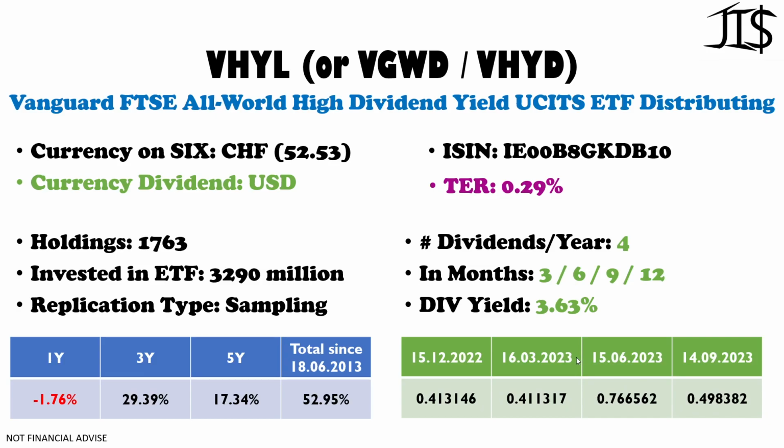The one in June sticks out a bit, but it's a little bit better than the SDGPX one. And my wife and I, we also invest in VHYL. We like this one a lot as well, and we are building this one up to have nice dividends in all the months.